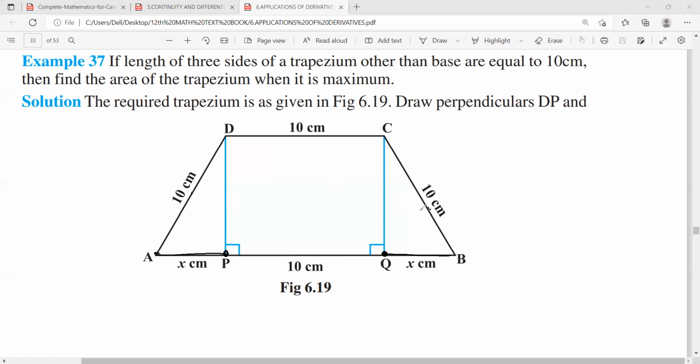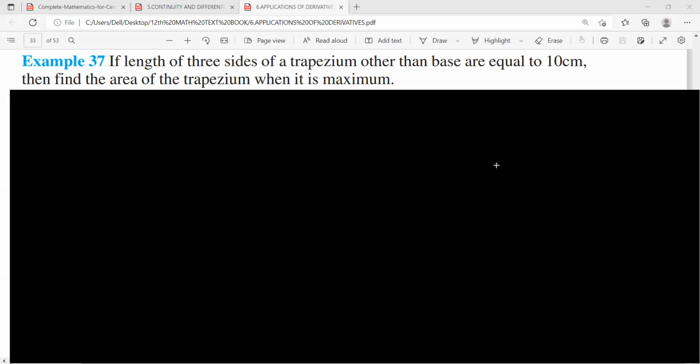Therefore, if this is x, then this is also x. All right, now what should we do? Here we have some square and all, but we'll do it in our own, somewhat different way. So what is the area formula? We'll write the area formula. Area is half (A plus B) H.